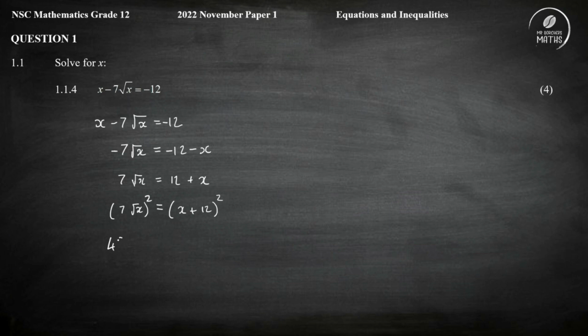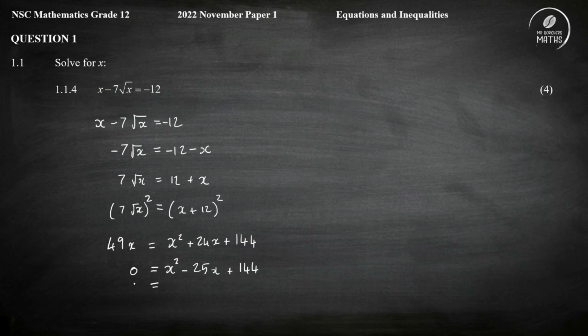On the left-hand side, we'd end up with 49x, and on the right, we would end up with x squared plus 24x plus 144. So if we rearrange this equation, we'll be left with 0 on the left by subtracting 49x from both sides, giving us on the right x squared subtract 25x plus 144.